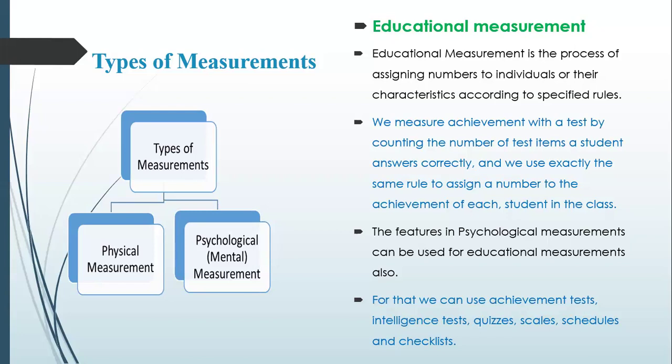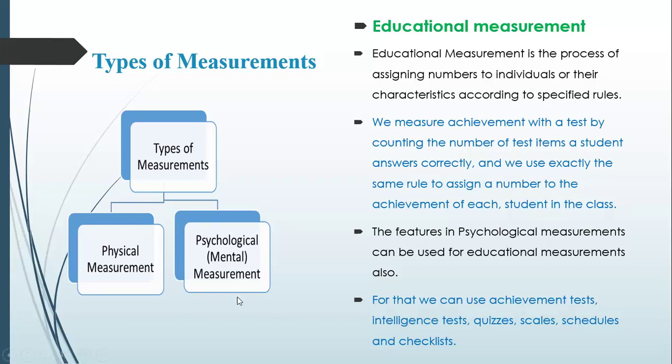Physical measurement means there should be a tangible measuring instrument. If one student is at the top of the class, we measure it using term tests. So that comes under psychological measurement, not physical measurement. When we go to the scales, it comes under ordinal scales.